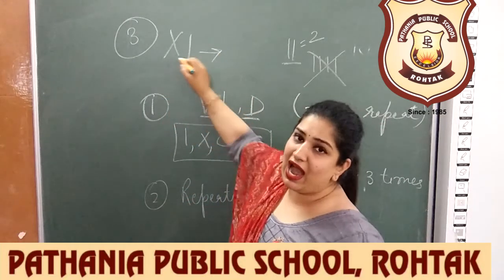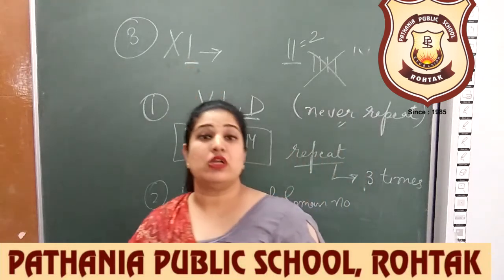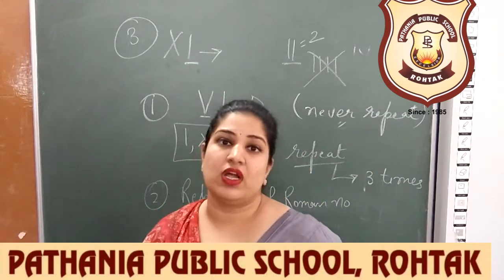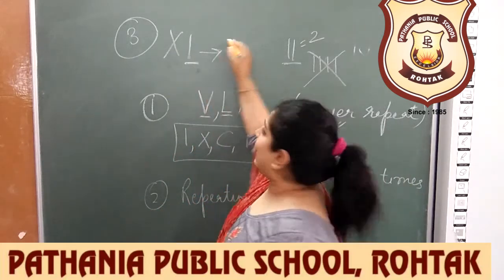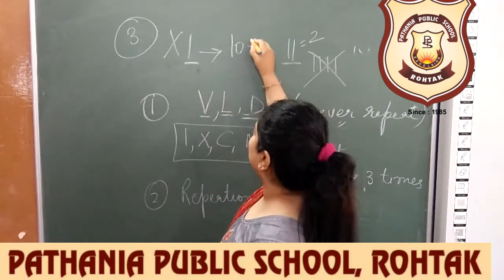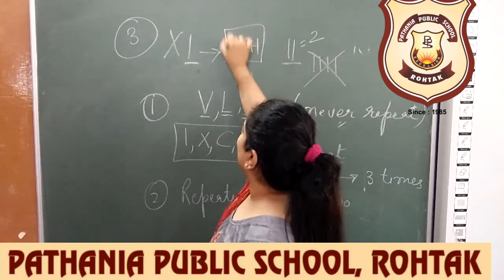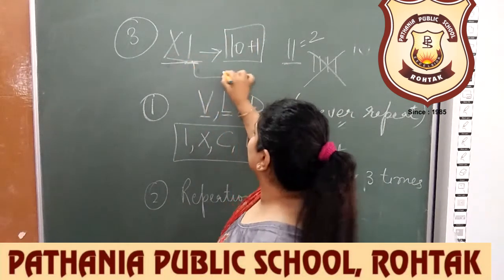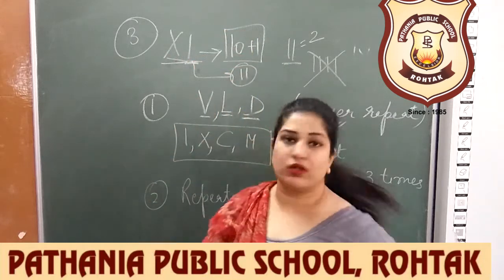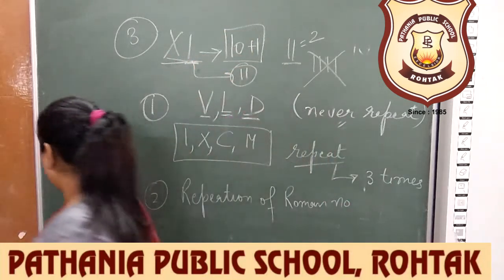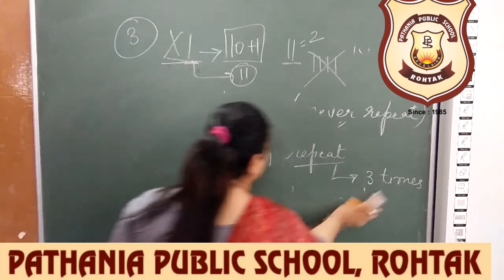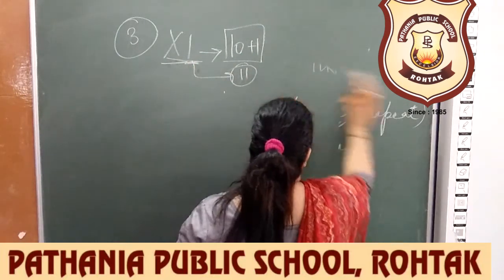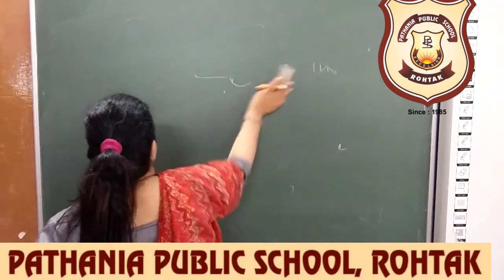Whenever the smaller symbol is on the right hand side, you have to add both. X stands for 10, I stands for 1, so together they mean 11.